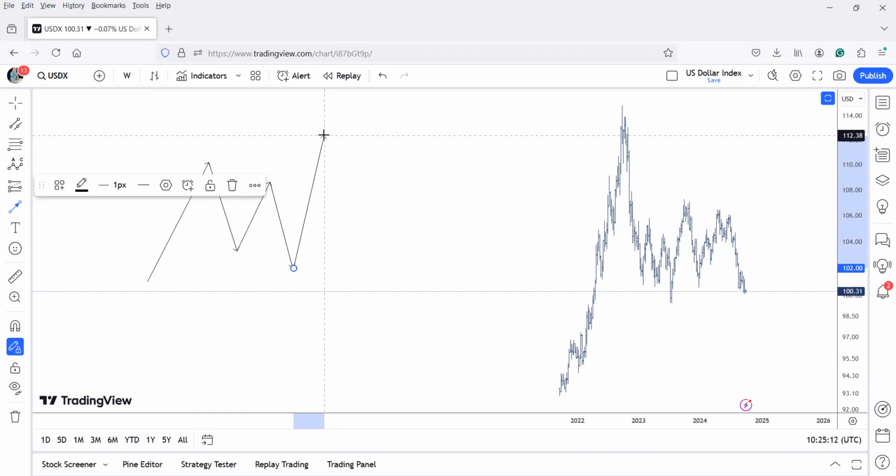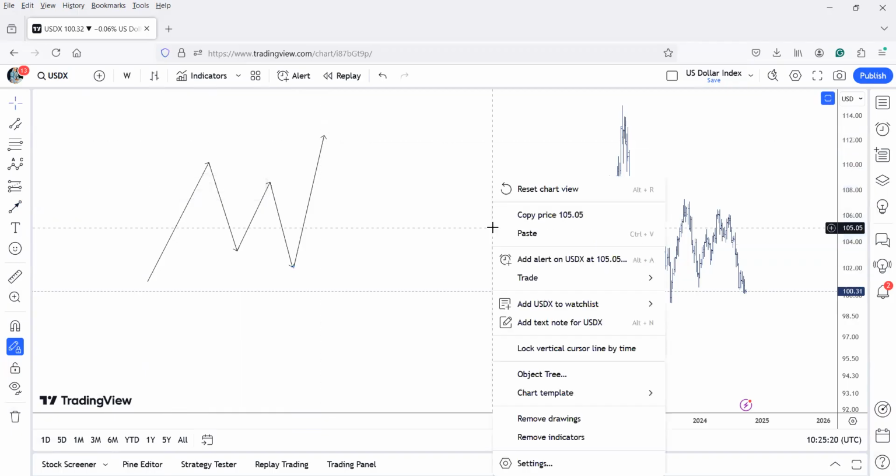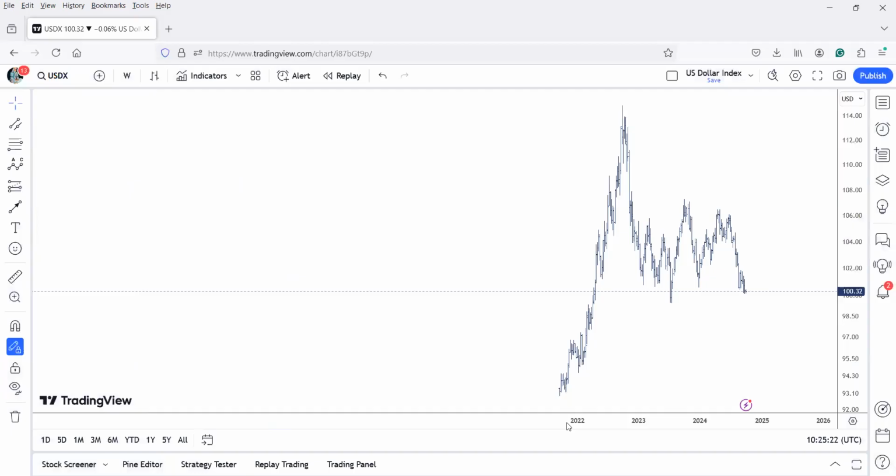And if that is wave A, complex wave B, we're looking for a complex wave C rally up there to complete the pattern. This is what ideally should be happening.